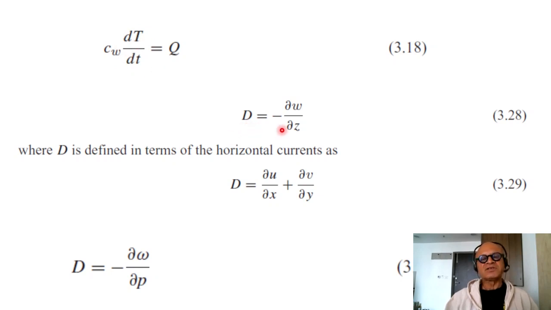Divergence equal to minus dw/dz, where D is defined in terms of the horizontal currents, du/dx plus dv/dy.